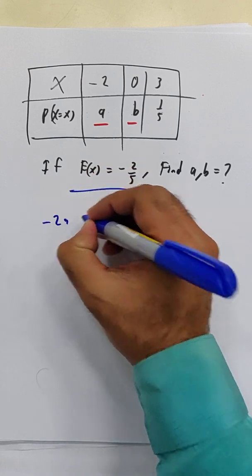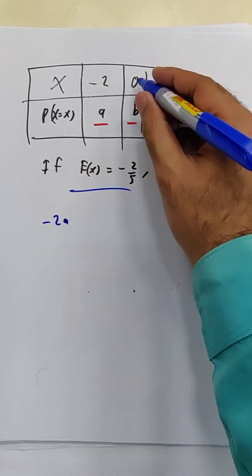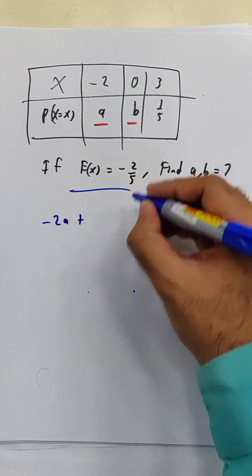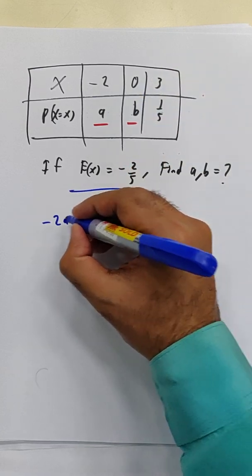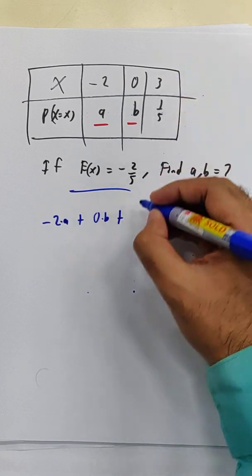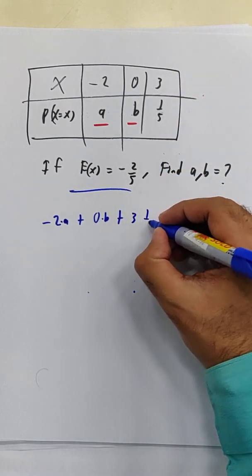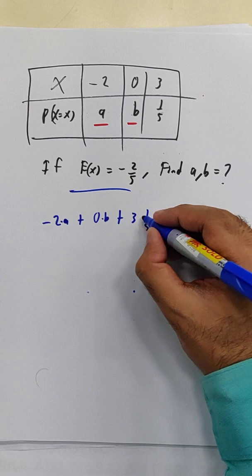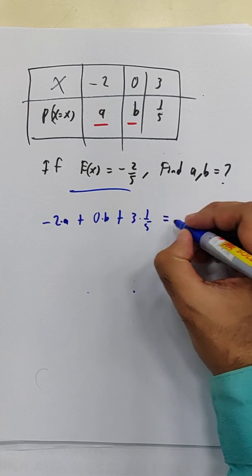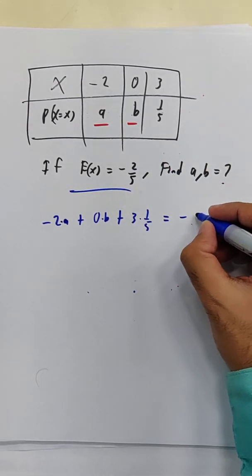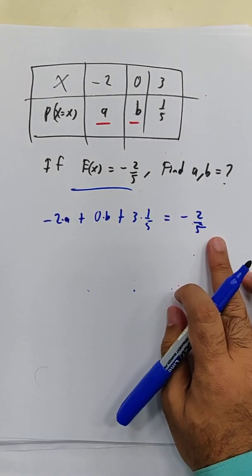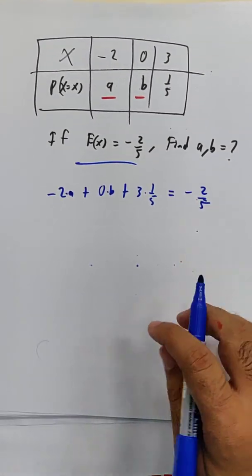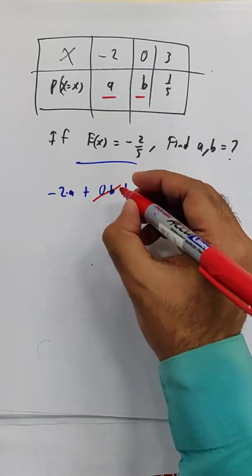So negative 2a plus 0b plus 3 times 1/5, which gives me negative 2/5. Are you okay with how I got this one? This one gave me 0, doesn't matter.